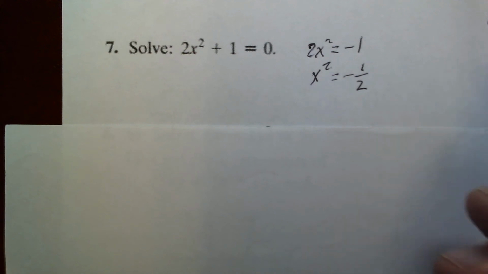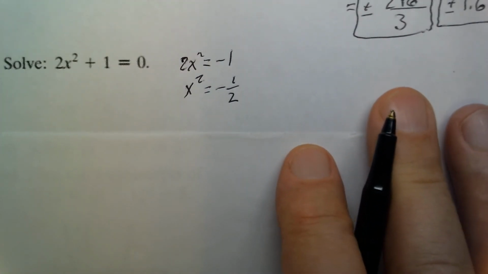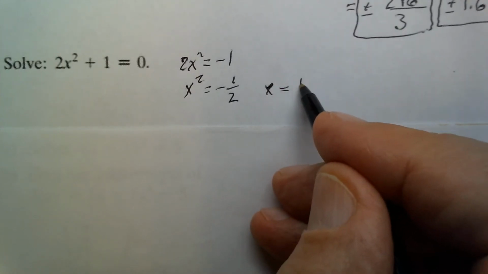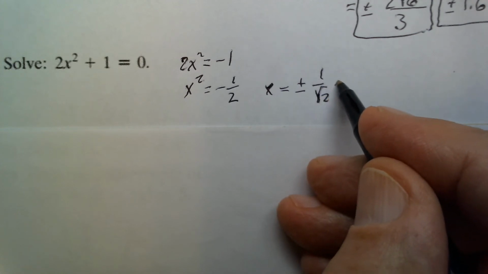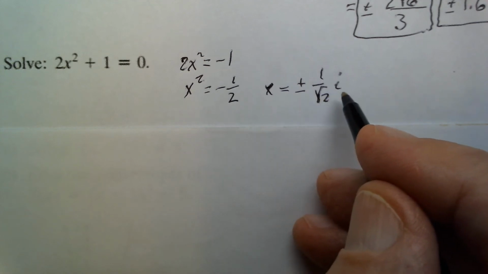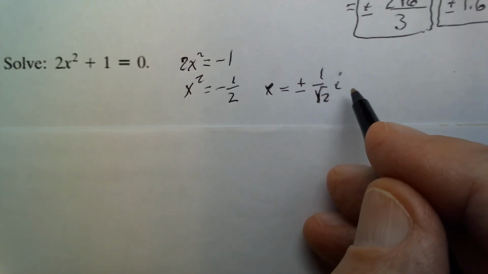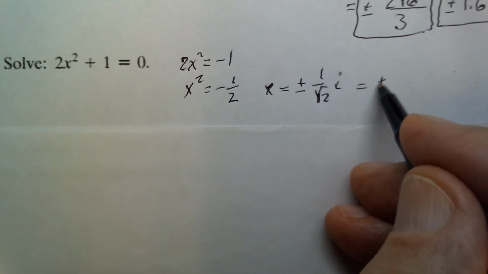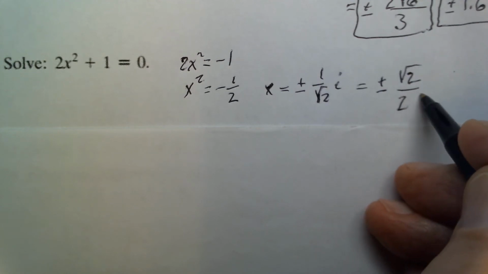So x is equal to plus or minus 1 divided by the square root of 2i, because we are taking the square root of a negative number. And then when we rationalize the denominator, we get plus or minus the square root of 2 divided by 2i.